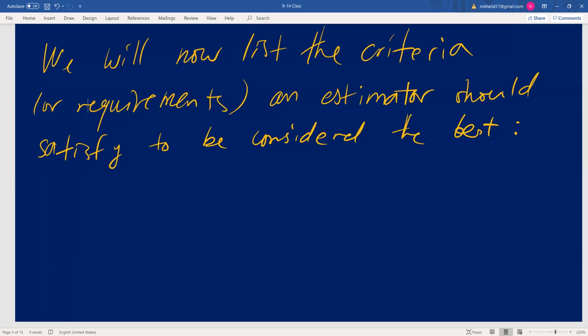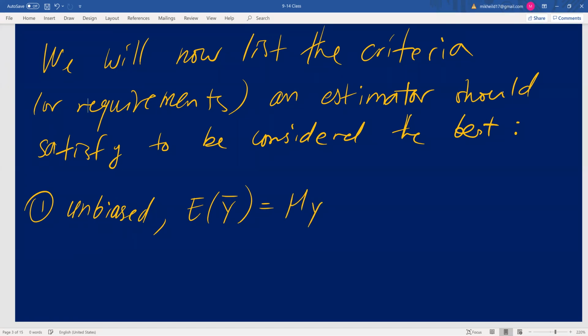And the requirements are: the estimator should be unbiased. In this case, the expectation of Y bar should be the true mean.